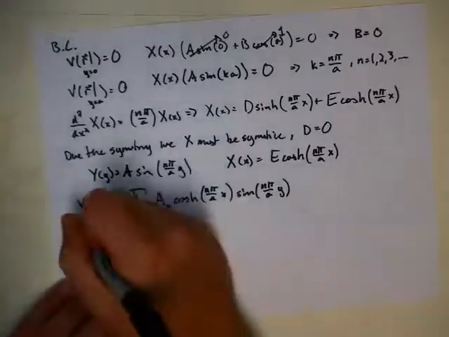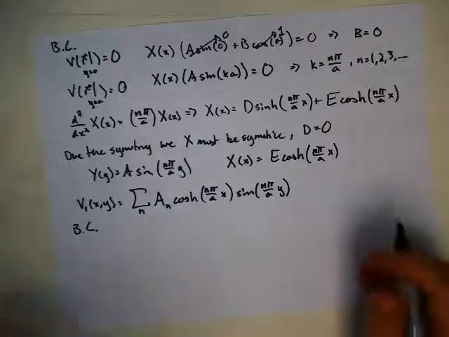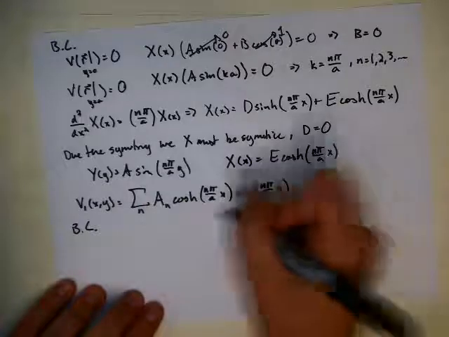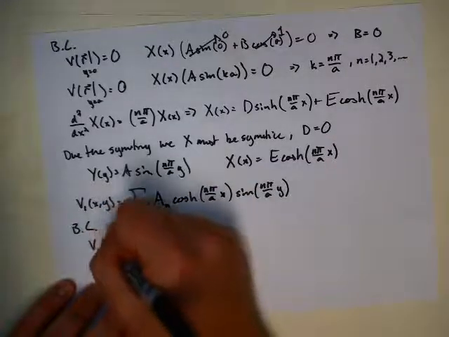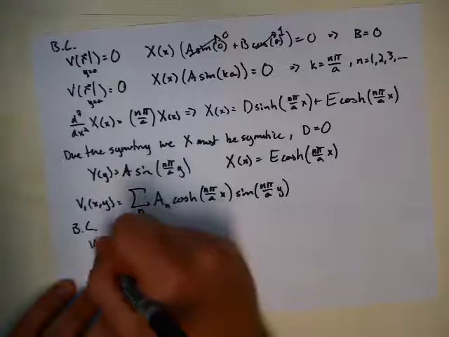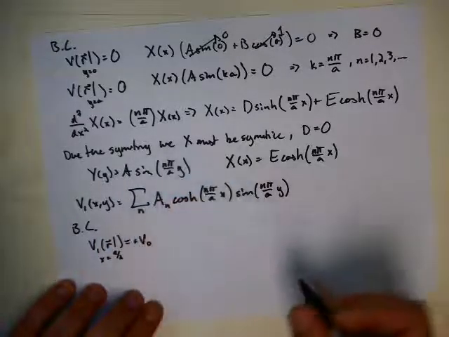The final boundary condition that we're going to have is v1 at, let's say, x equals a over 2, must be this positive v naught.